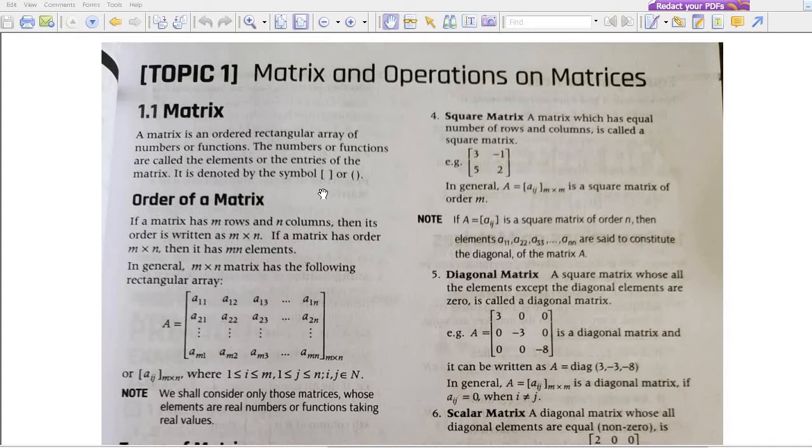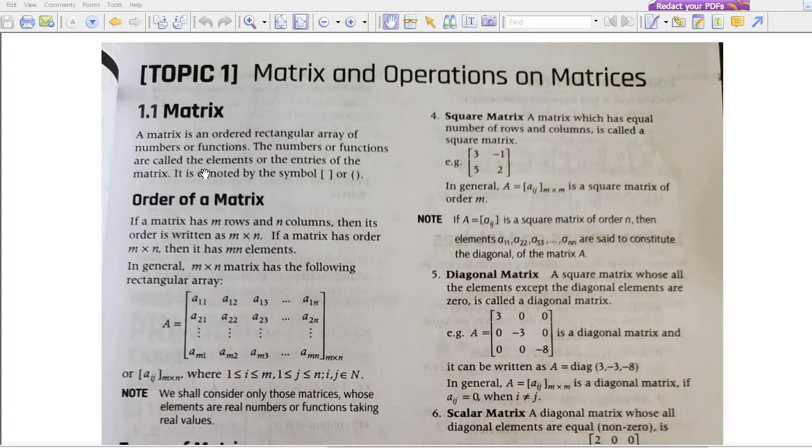Okay, so today I start a very basic class of matrices. Actually, all of you got matrices in your second year. So let's start. Now, what is a matrix? A matrix is an ordered rectangular array of numbers or functions.